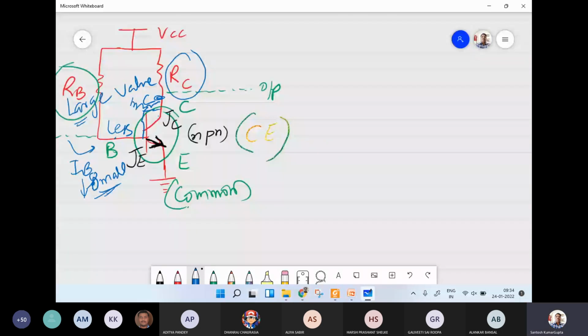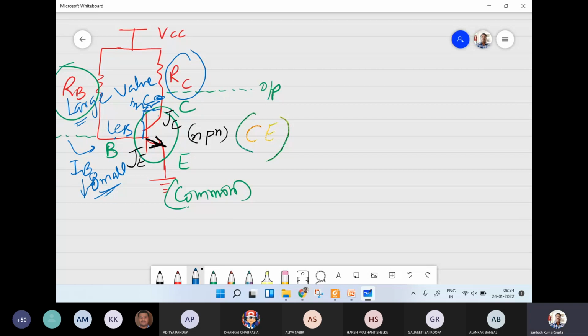Now let us look at how we can analyze it. Suppose we are given some typical values of RB, RC, VCC, and the transistor is known to us. Let us also assume that the voltages are such that the base-emitter junction is forward biased and the collector-base junction is reverse biased.